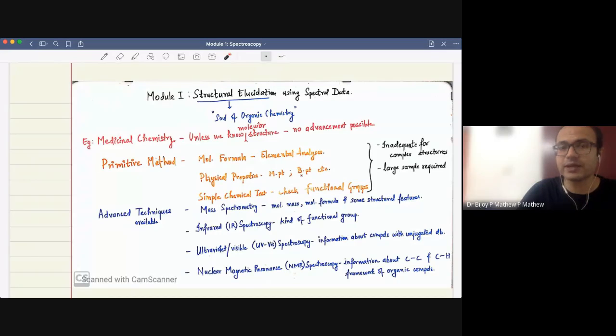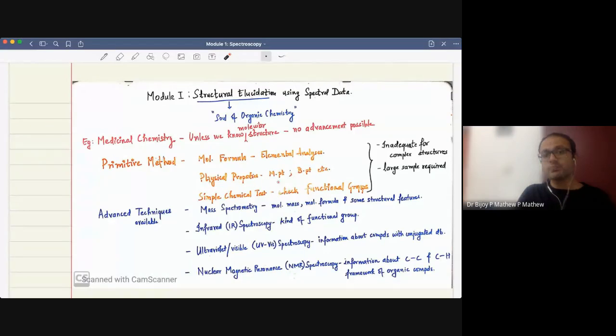All those are physical properties we determine for a particular compound, because every time any compound is discovered or its structure is known, they always study these physical parameters. So when you deal with an unknown compound, it is mandatory that you look for these physical parameters so that you can compare with the literature values to see whether the compound that you have in your hand is the same compound or a different compound.